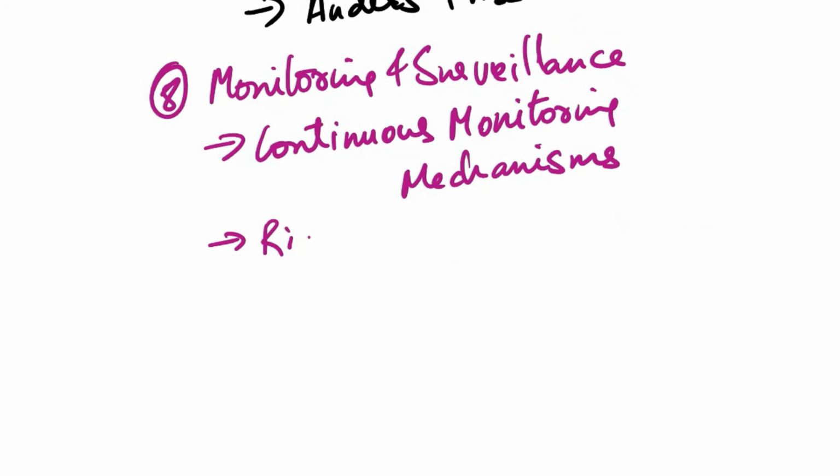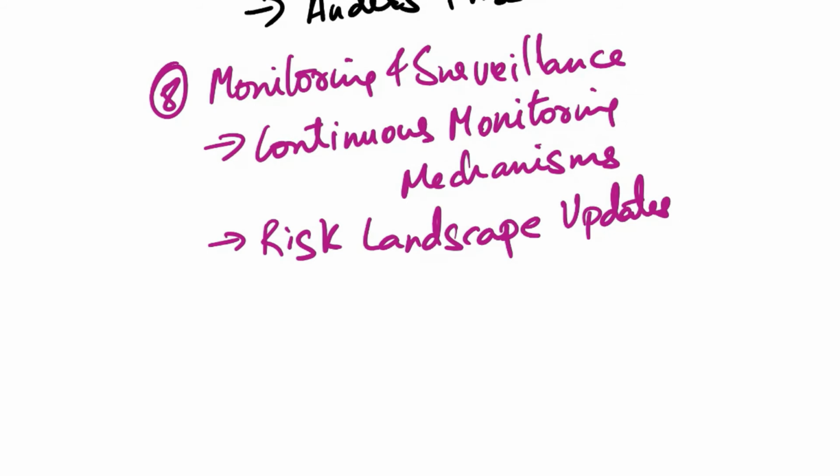Next, risk landscape updates. Regularly update the risk landscape associated with each third party. Changes in business practices, personnel, or technology can impact the overall risk profile, and these updates need to be captured. Next, incident response monitoring. Monitor third parties' incident response capabilities and effectiveness.